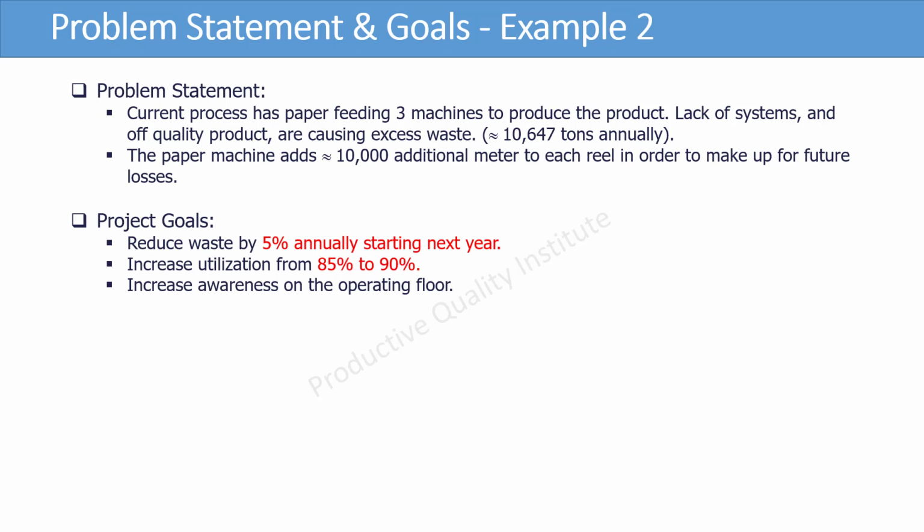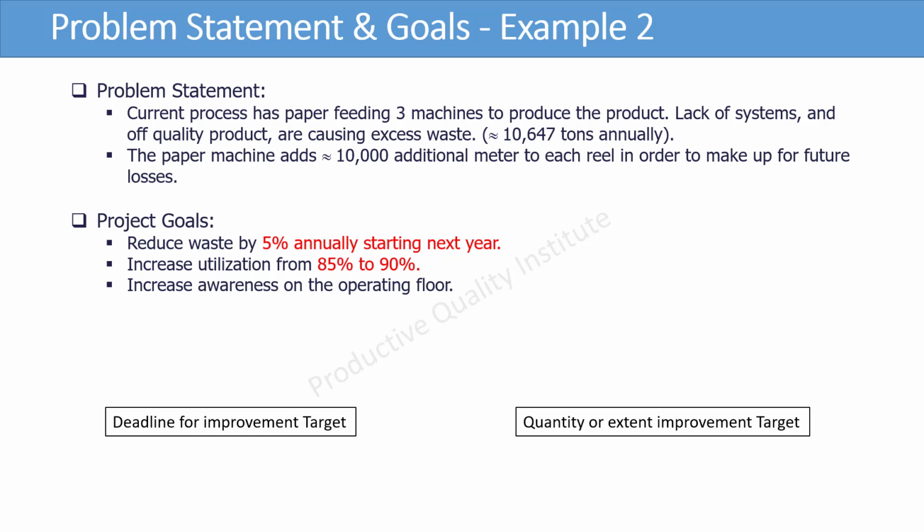Project goals example: reduce waste by 5% annually starting next year. Increase utilization from 85% to 90%. Increase awareness on the operating floor. The goal includes a deadline for the improvement target. The goal includes a quantity or extent improvement target. No solutions are assumed for the problem.